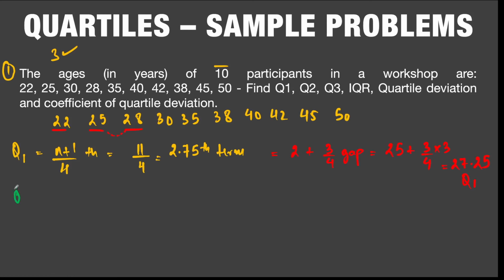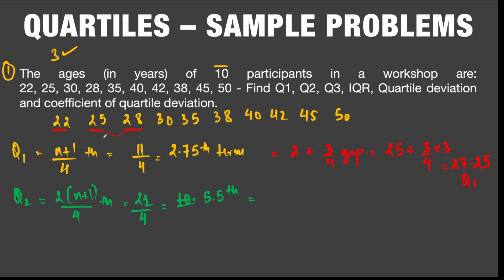Now I'll find Q2. For Q2, it's going to be the 2 times (n plus 1) whole by 4th term. So this means 11 into 2 is 22, 22 by 4, which gives me the 5.5th term.